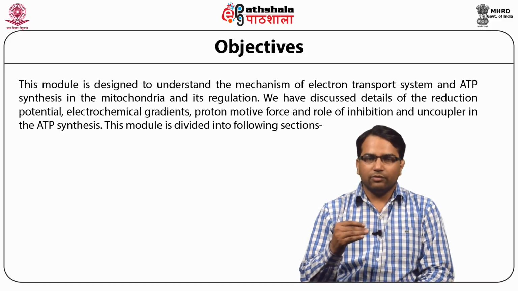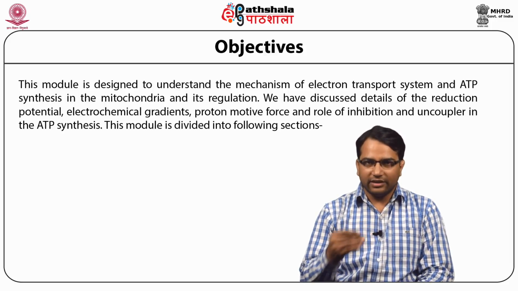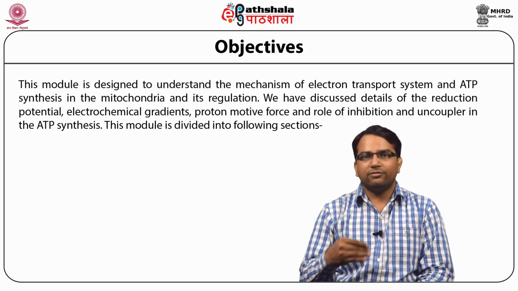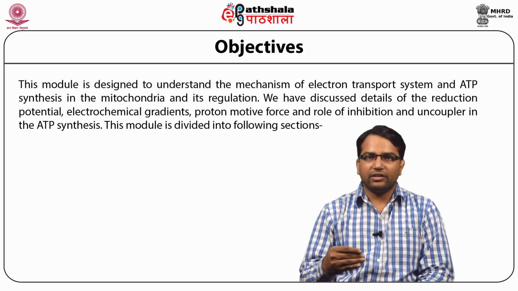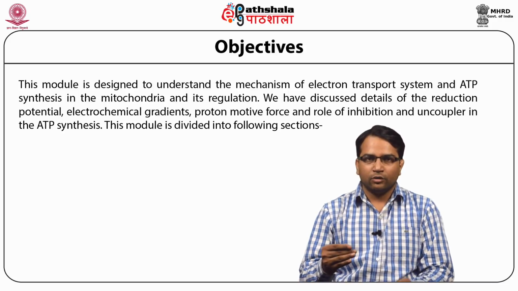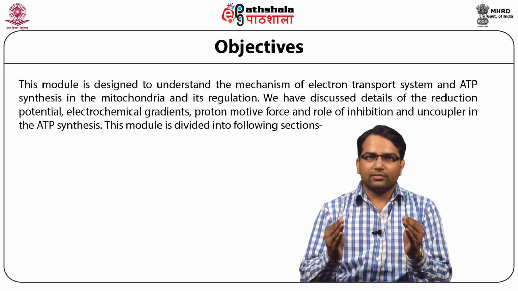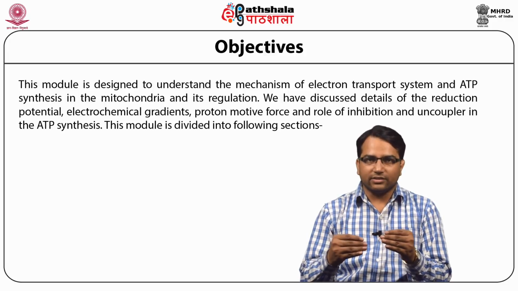So, we will discuss the details of reduction potential, electrochemical gradient, proton motive force and the role of different inhibitors and uncouplers in ATP synthesis. This module is divided into the following sections.